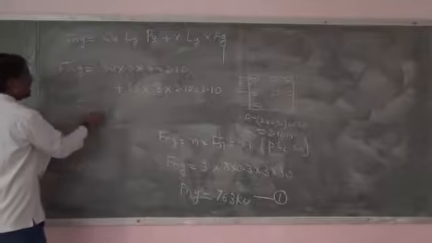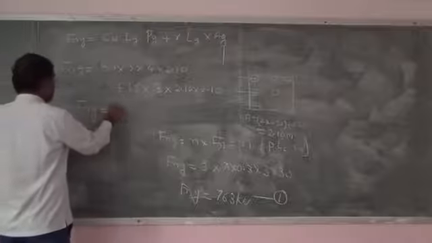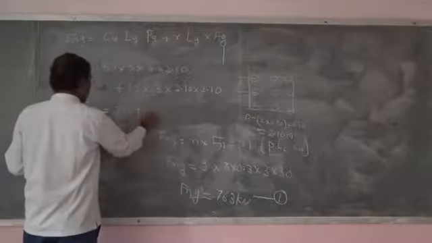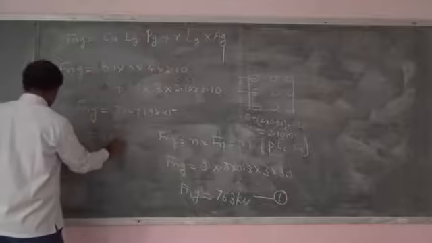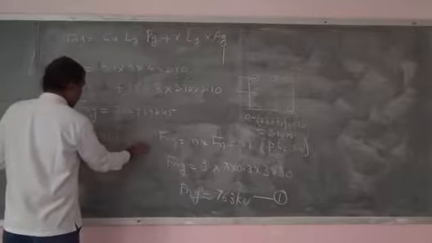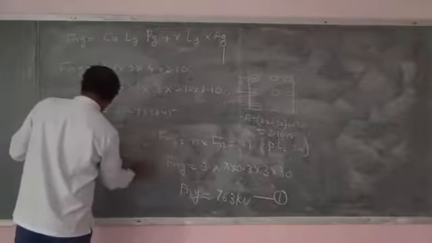You simplify all these things. So it is 756 plus 198.45, and this is equal to 954.45 kilonewton. This is equation 2.